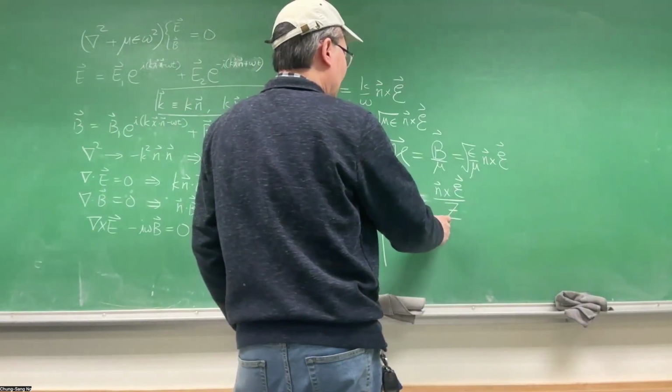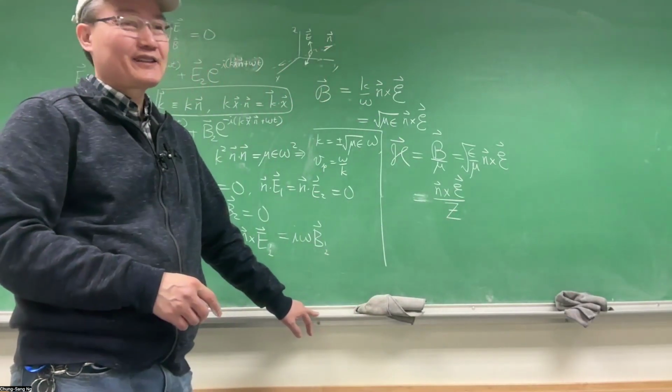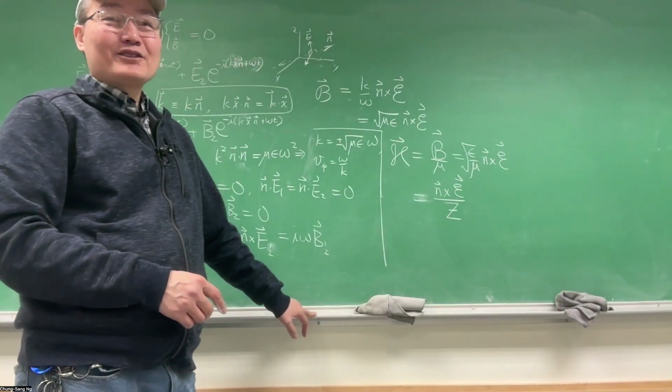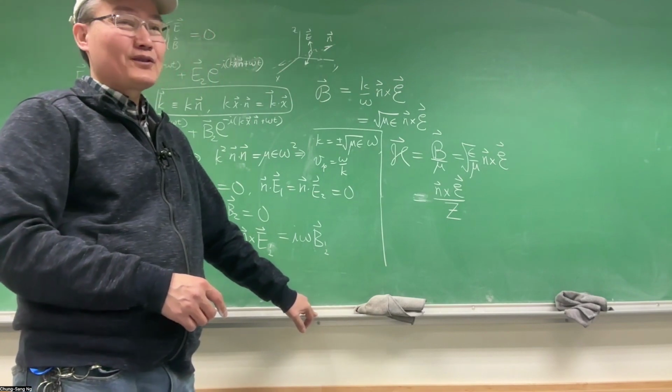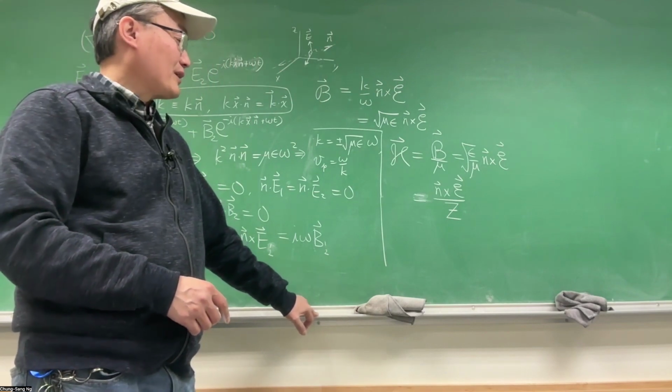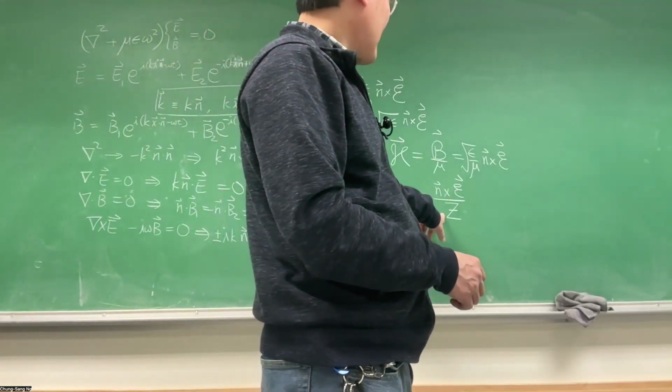And this Z has the dimension of impedance. I don't know whether you can see that. It's not easy to see if you are not familiar. If you have a background of engineering, you can see that. But this is of the dimension of impedance.